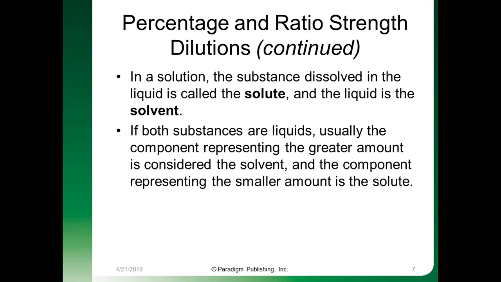In a solution, the substance dissolved in the liquid is called the solute, and the liquid is the solvent. If both substances are liquid, usually the component representing the greater amount is considered the solvent, and the component representing the smaller amount is the solute.